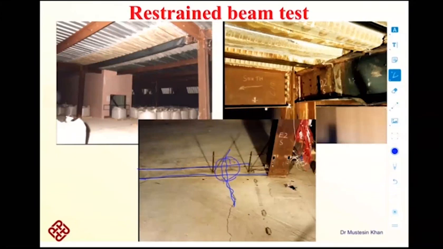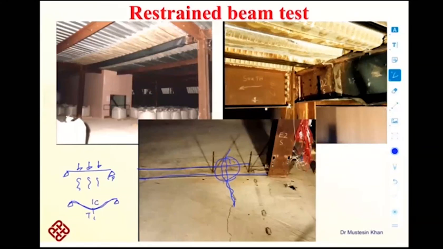I'll explain the mechanics behind this. If this is a beam and the load is being applied at the top and fire is being applied at the bottom, it will try to deflect in this shape. So what would happen at the midspan? The bottom would be in tension, the top would be in compression.